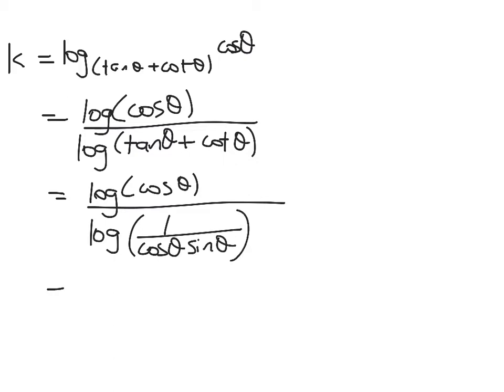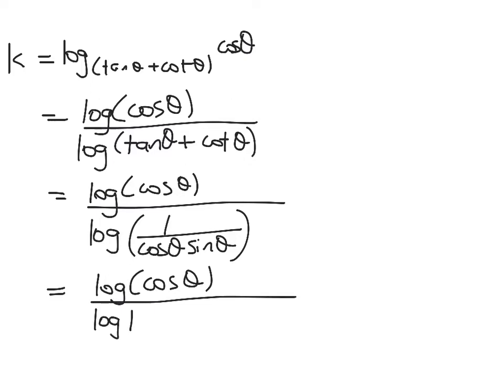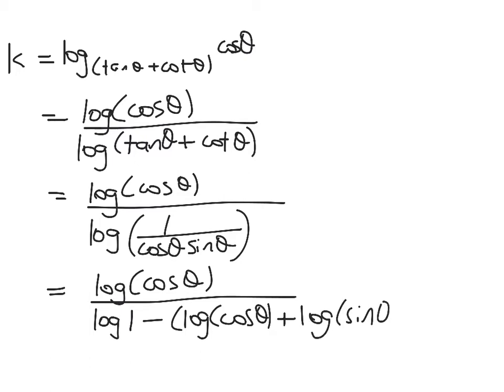But because we've done that work above, we know that we can rewrite the denominator like this. Now we're going to use our log rules from year 11 or 12 to simplify the denominator as follows. So it's going to be the log of 1, I'll write it all out, log of 1 minus the log of cos theta plus the log of sine theta. I'm not going to go over those.